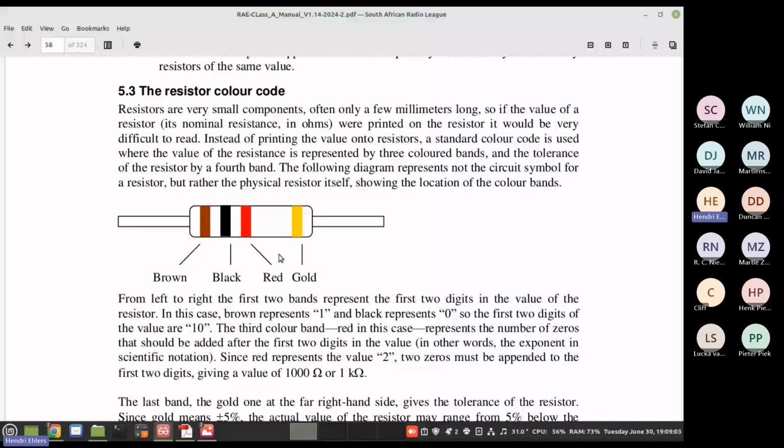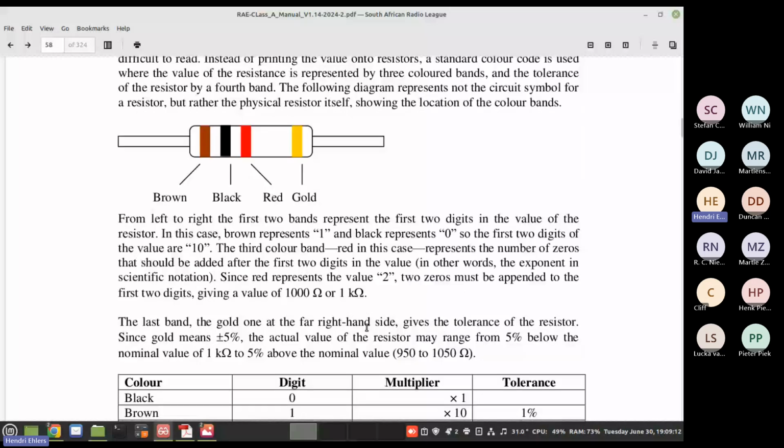Now, they've got a whole explanation here at the bottom, which will basically come down to exactly the same as what I'm going to tell you now. The first color, gold and silver is always on the end. So you always read it from the other side.